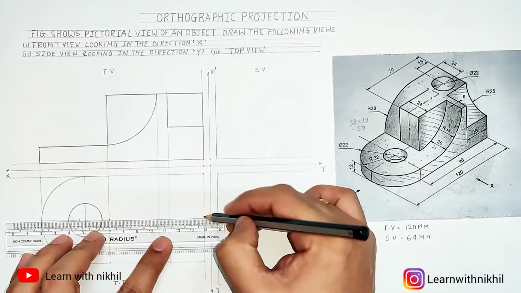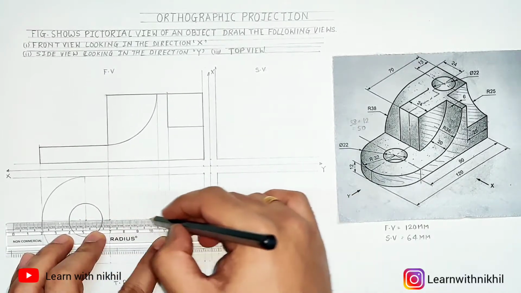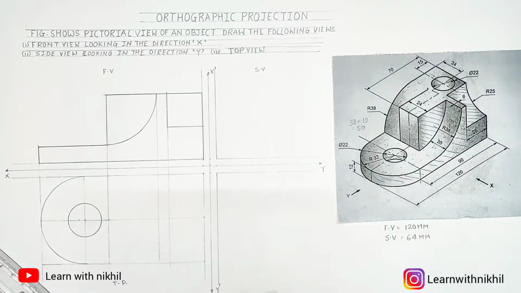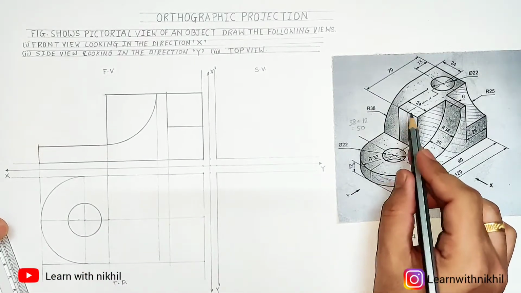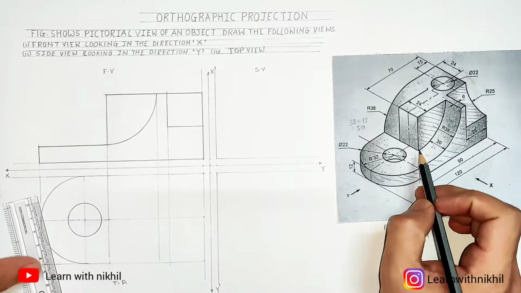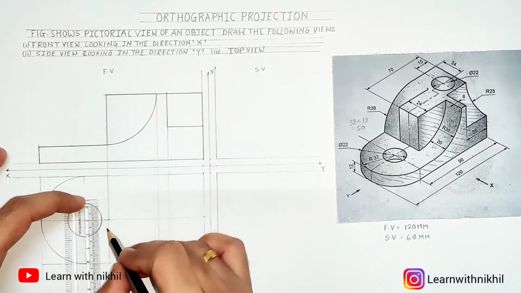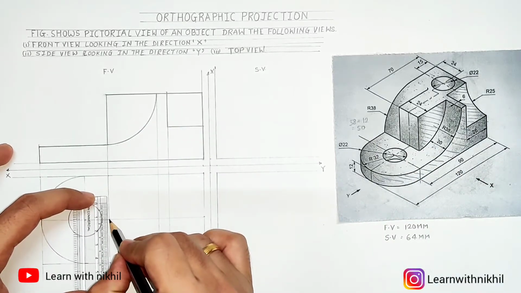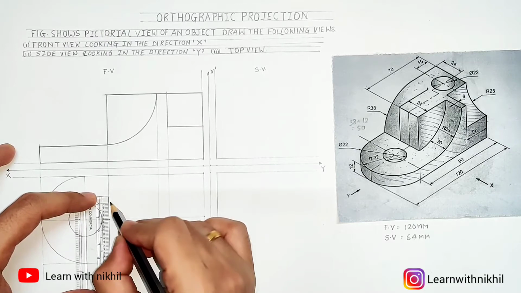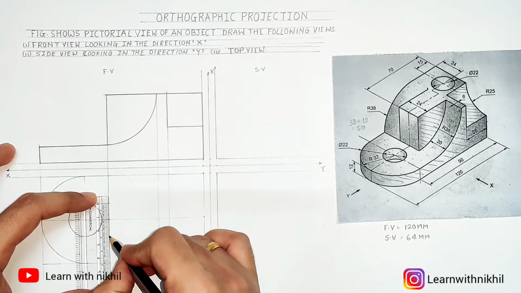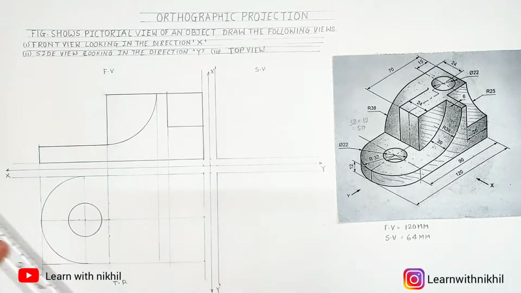As the total thickness is 64, this line will be at 32 millimeters. Now this thickness 24, it is 12 millimeters on both sides. So from the center line, I'll mark 12 millimeters above and 12 millimeters below. So the total thickness will be 24.